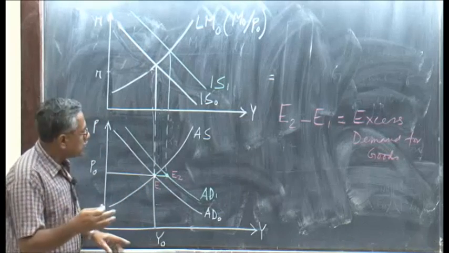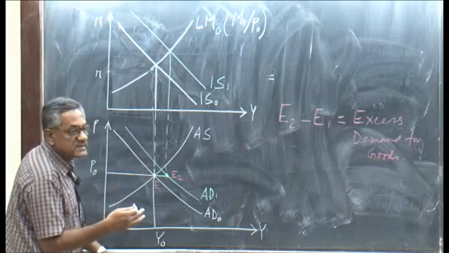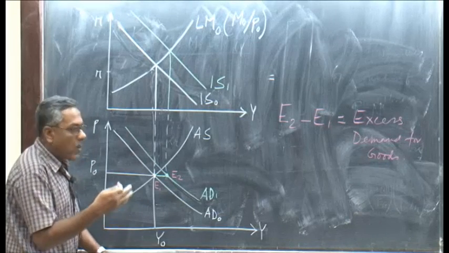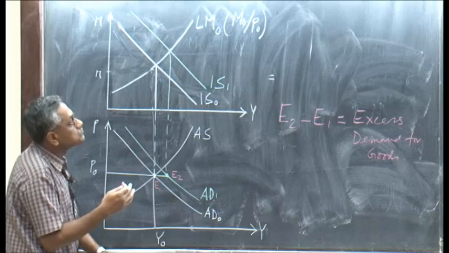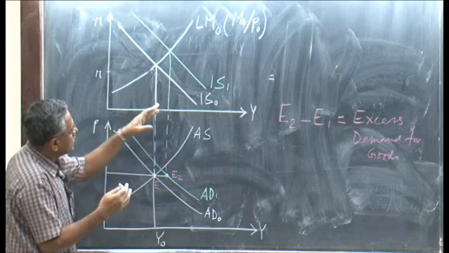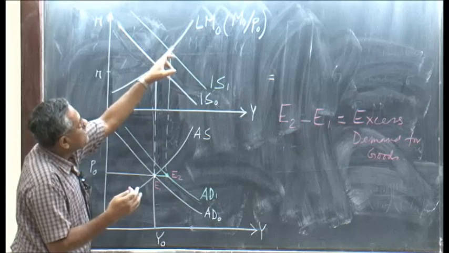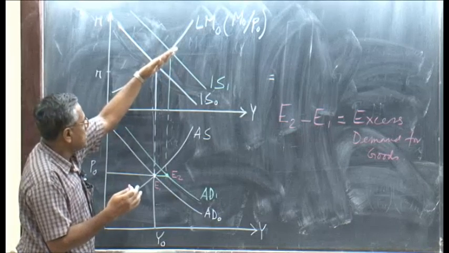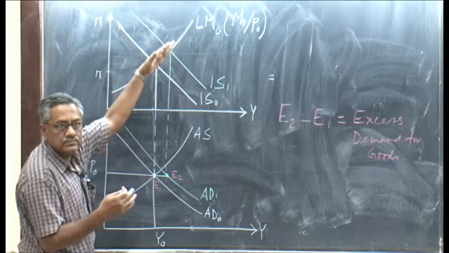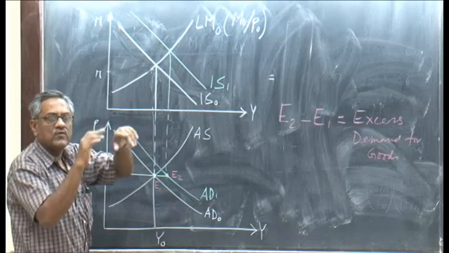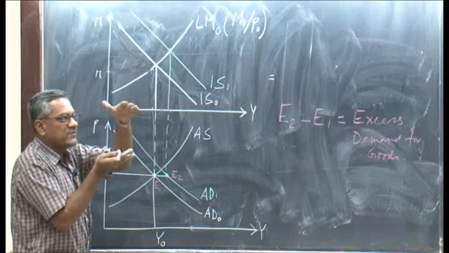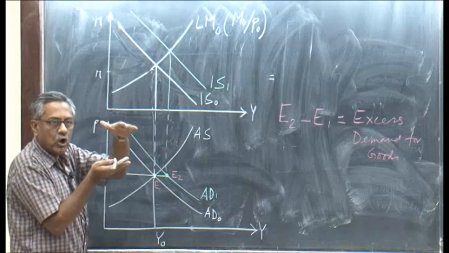All right? So the question is, how do prices increase? One theory says as prices increase, the LM curve will start shifting backwards, because LM is fixed M over P. As P increases, the left hand side value of M over P falls.